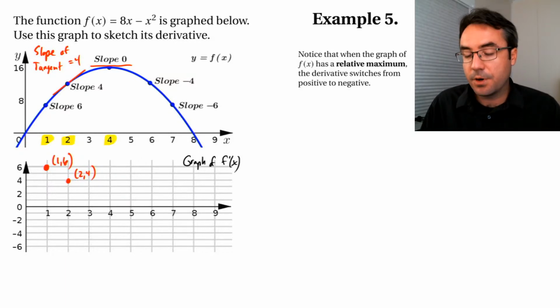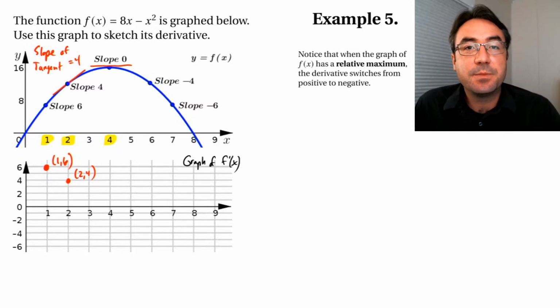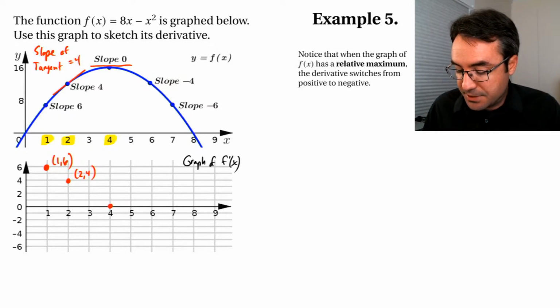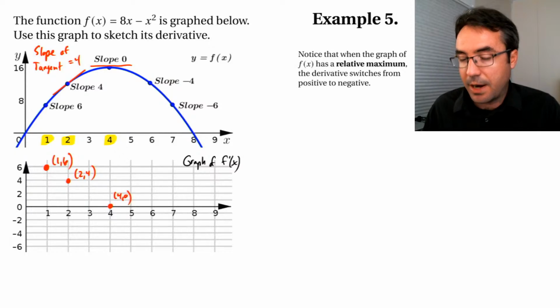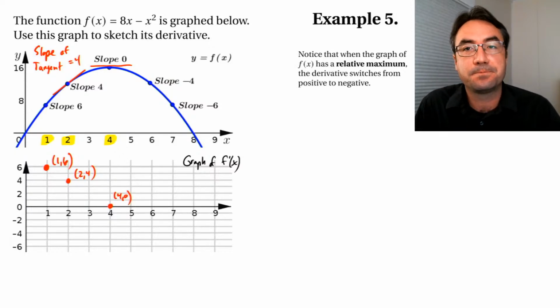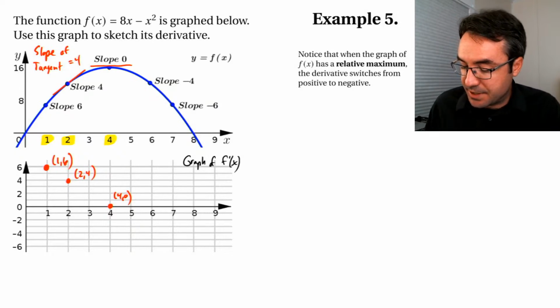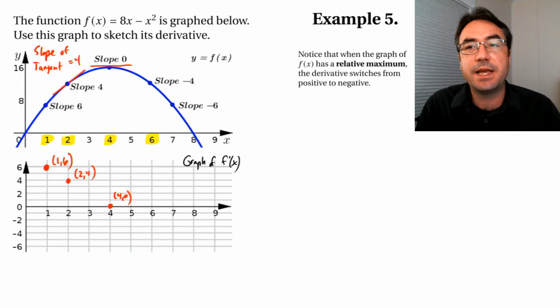Then at x equals 4, it looked like a horizontal tangent line, so the slope we estimated was 0 there. So that would tell us that the point (4, 0) is on the graph of f prime, the graph of the derivative. And we keep doing this. At x equals 6, we estimated the slope of the tangent line to be -4.